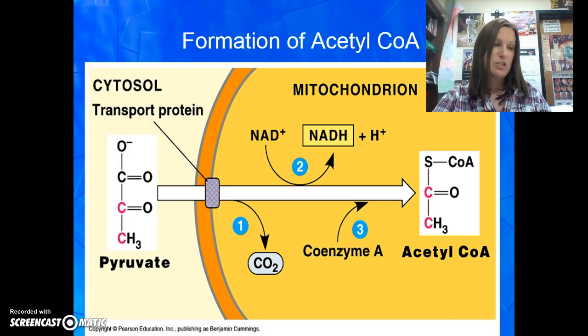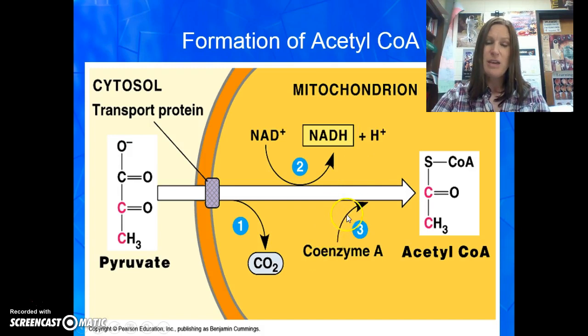Okay, and so we're going to extract some of those electrons from this pyruvate molecule. Now, once CO2 has left pyruvate, it has become a molecule called acetate because we only have 2 carbons. Then NAD comes in, grabs some electrons from that acetate molecule, and takes them to the electron transport chain.